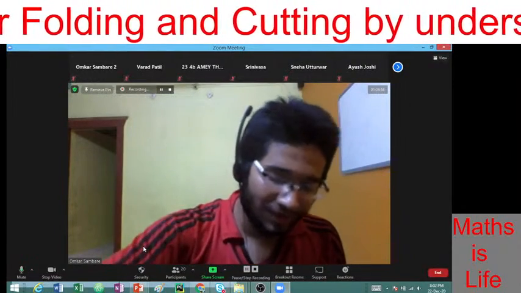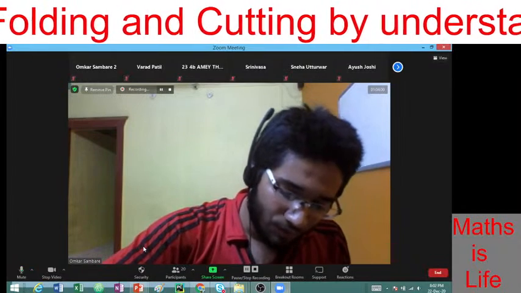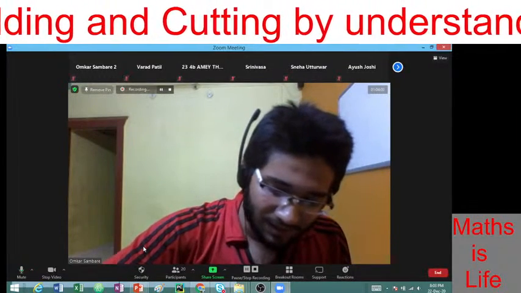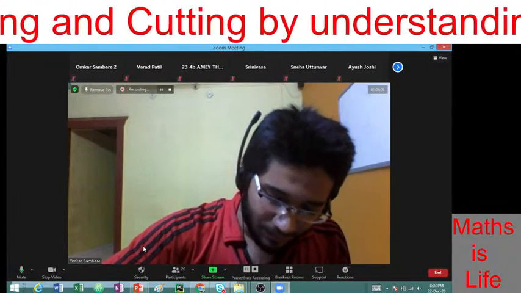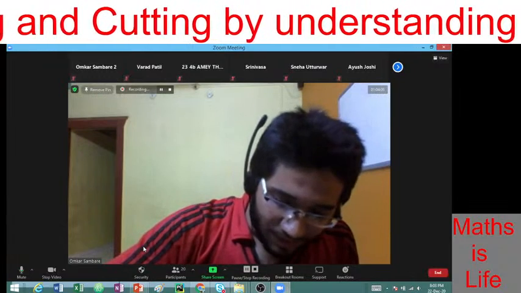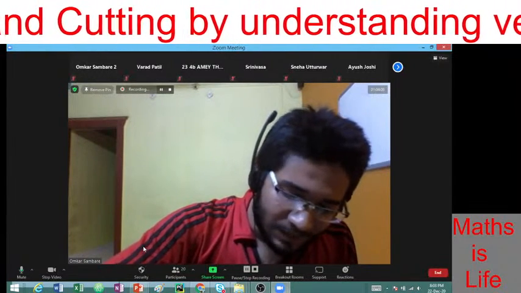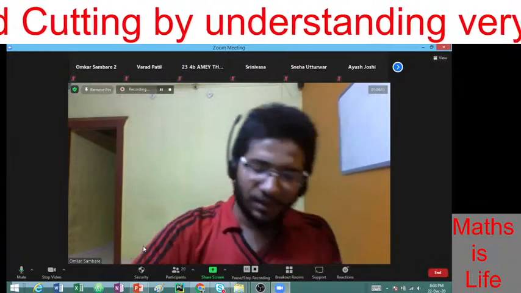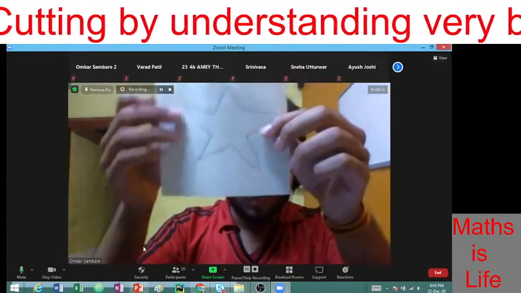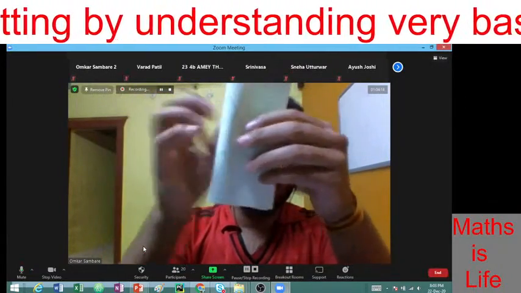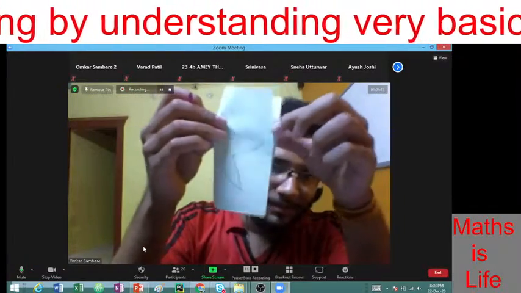So I am again drawing that pentagon, and now I will do it somehow fast. Okay, the pentagon is drawn, just a rough figure, not perfect. So here is the pentagon. We have to fold it like this to get one symmetry.